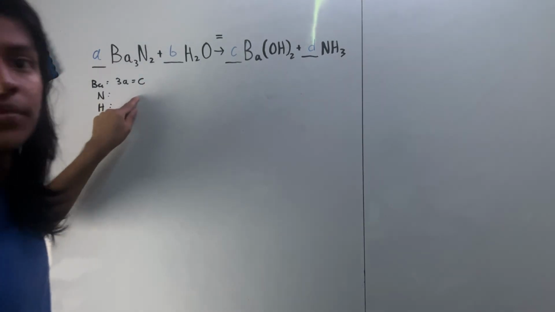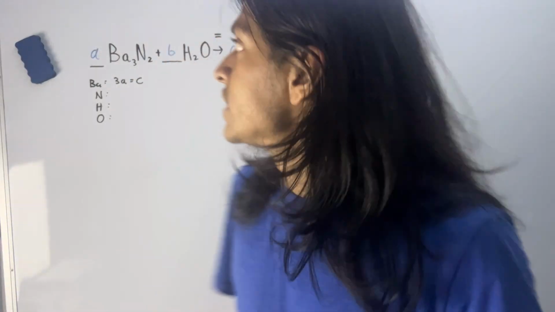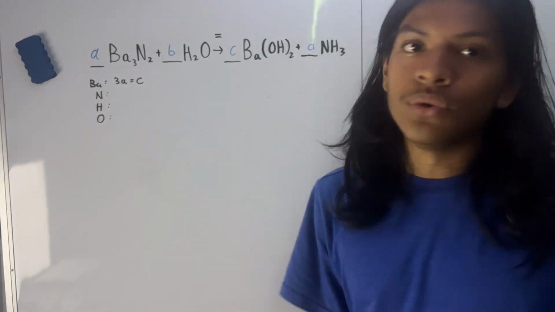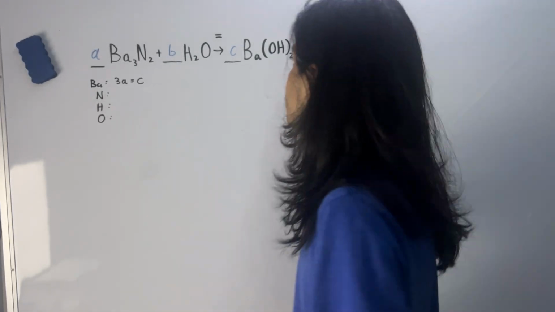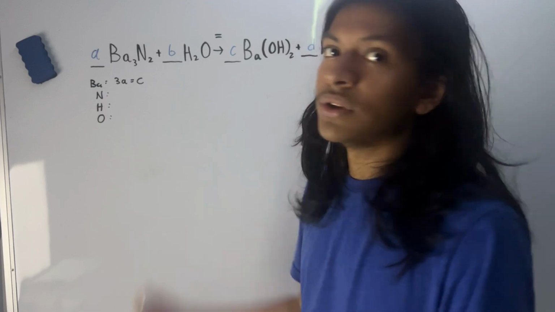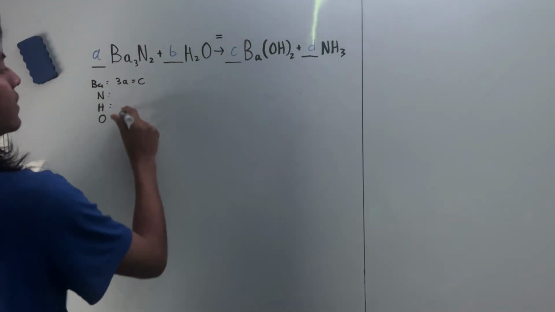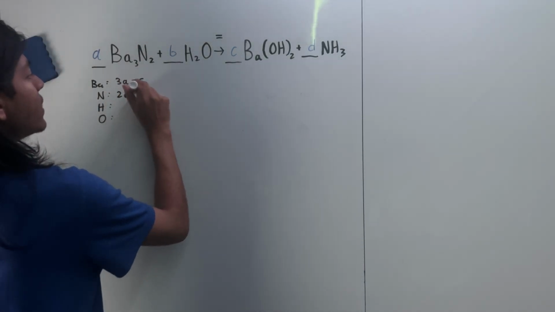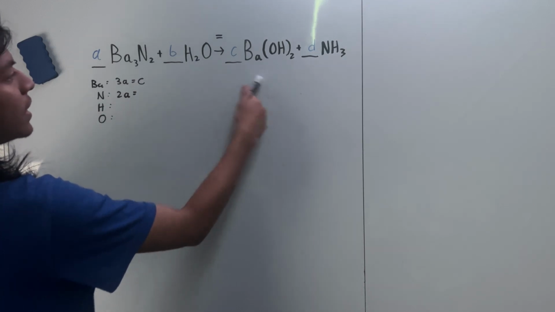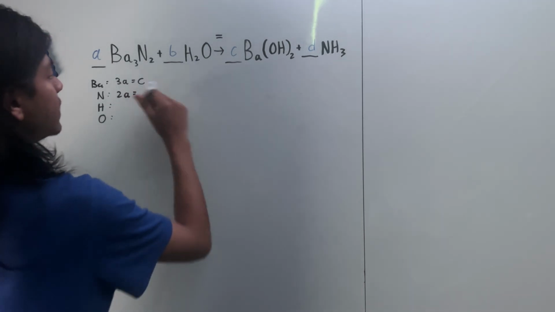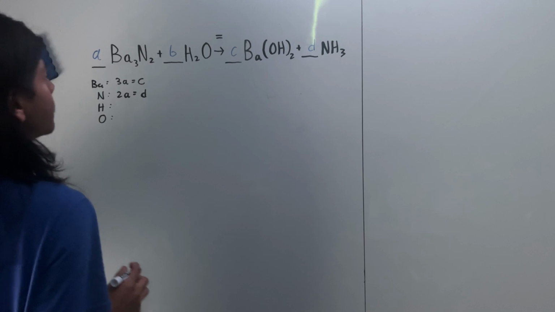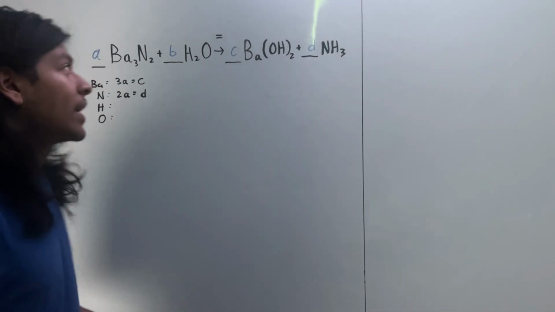So that's already our first equation that we're going to use to get our matrix. And we're going to do the same thing for the other elements. Here we see that we have 2A nitrogens, and that's going to be equal to D nitrogens on the right side. We do the same thing for the hydrogens.